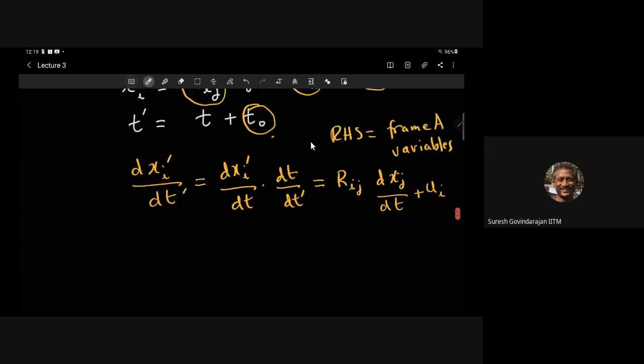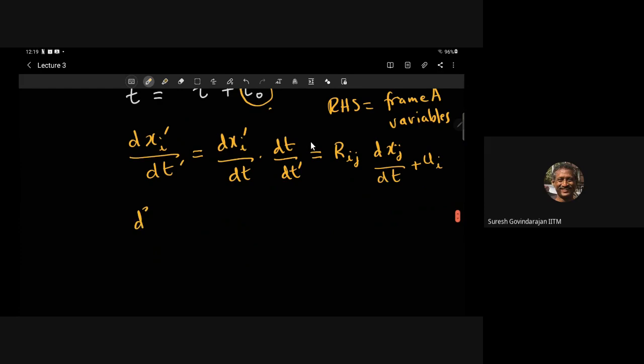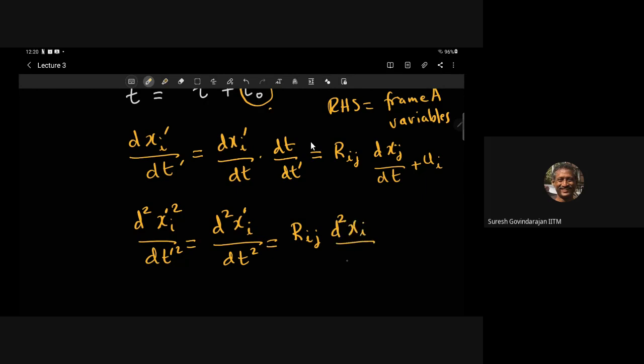Correct. Now we do the second derivative. I'll jump one step because dt by dt prime is 1, so this is nothing but d square x by dt square. If you just do the calculation, this Rij is a constant, it goes out, so it just becomes Rij d square xj by dt square.